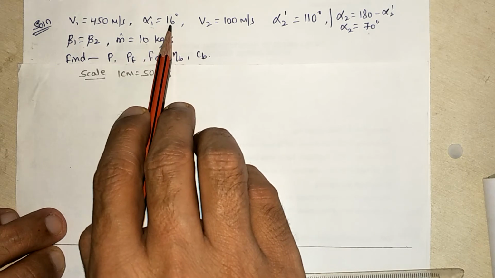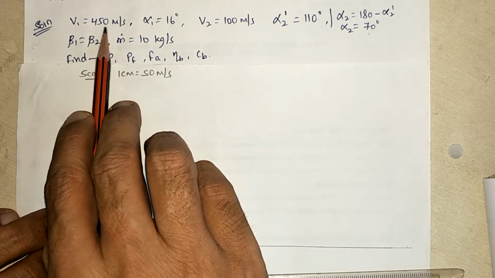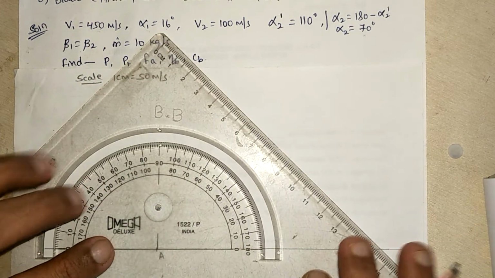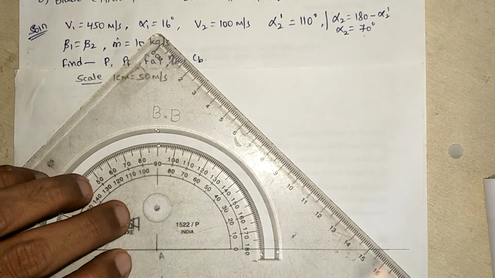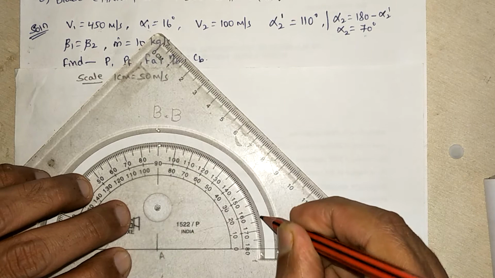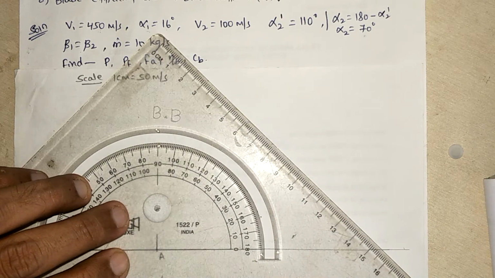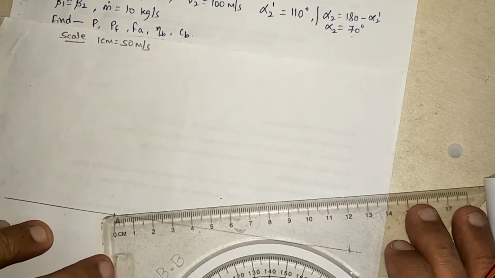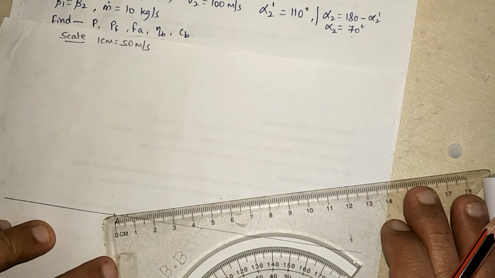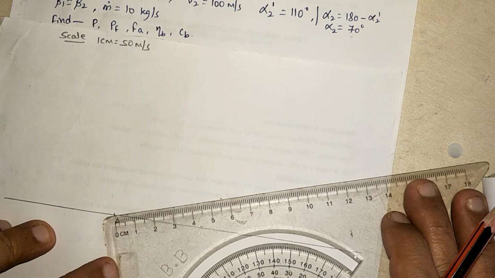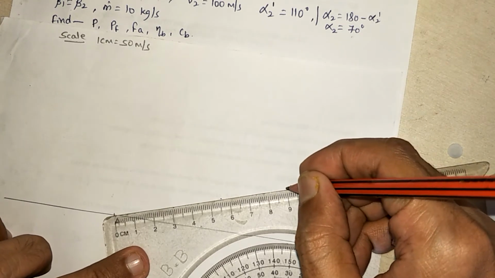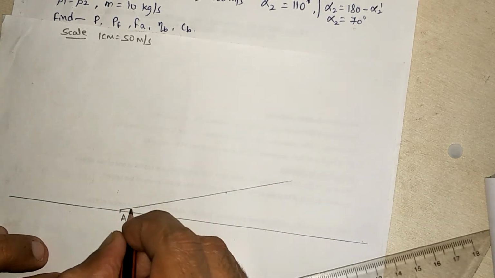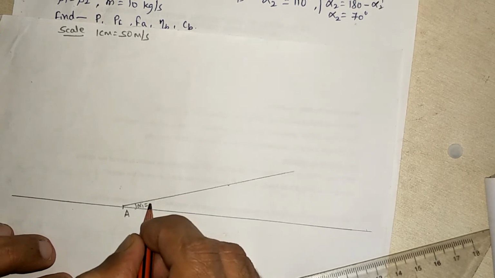So with an angle alpha 1 of 16 degrees and the length of v1 as 9 centimeters, you have to draw a line from point A. So from point A, I am going to locate 16 degrees, and draw a line of 9 centimeters at an angle of alpha 1, that is 16 degrees. I have drawn a line of 9 centimeters.